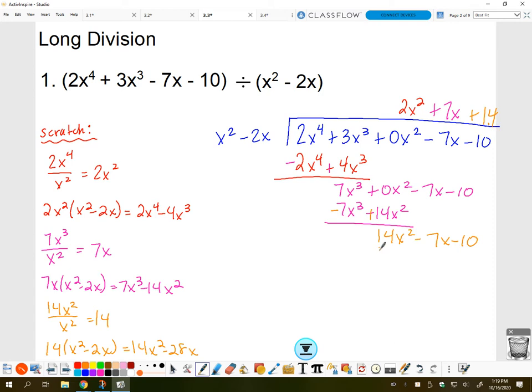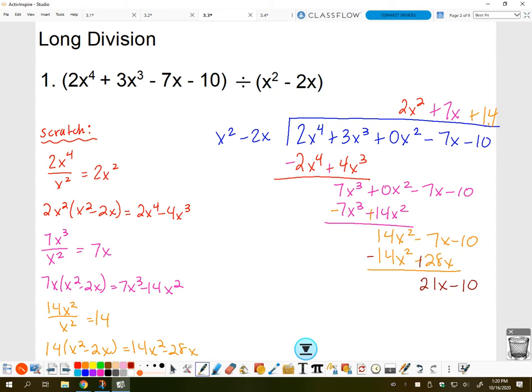Alright, so writing that here. Okay, so now we're going to go through and subtract. So you notice that this x has a smaller degree than this x. That's when you know you're done.